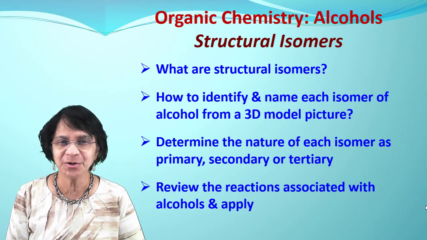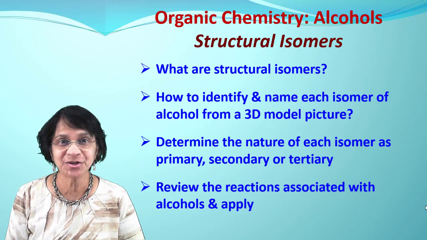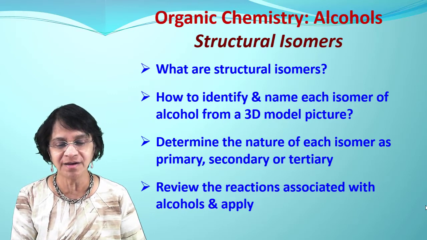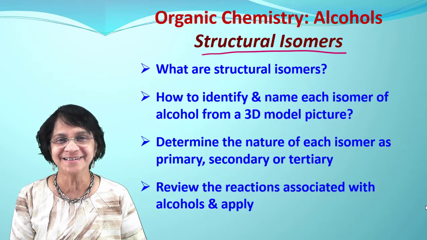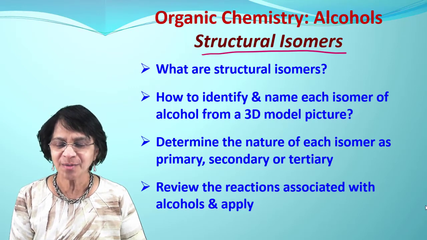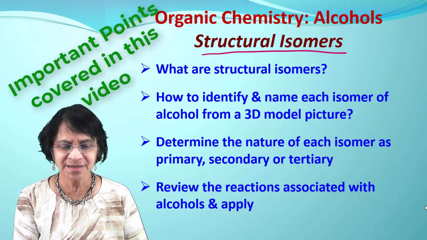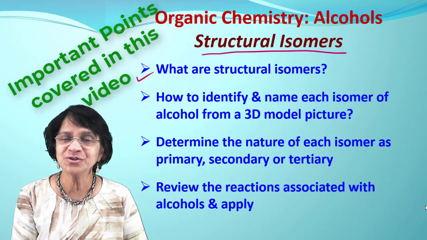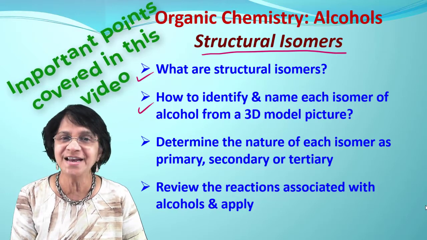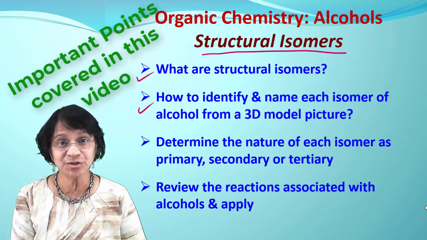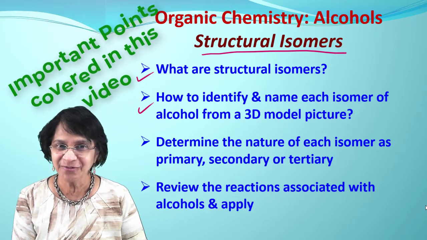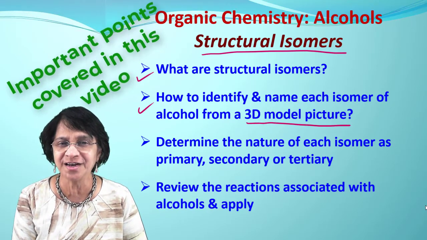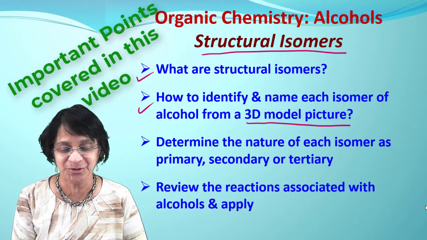So in this video, we will talk about the chemistry of alcohols, and our focus is going to be on structural isomers. We will talk about a few things. One of them is what structural isomers are. Then we also need to understand how to identify and name each isomer of the alcohol if we are given a 3D model picture, which is different from just having a formula given to you.